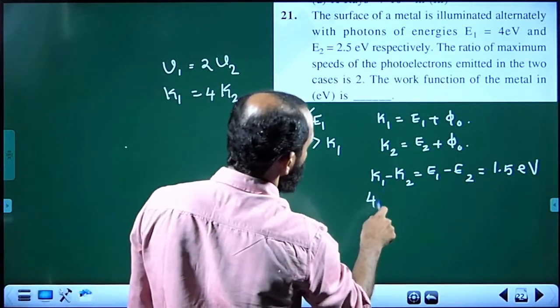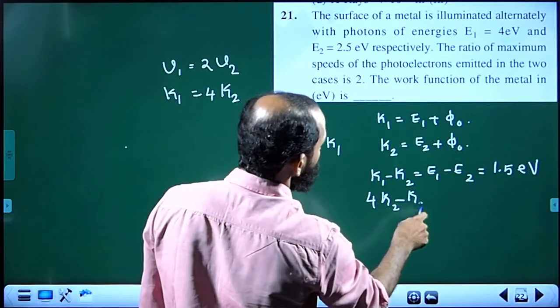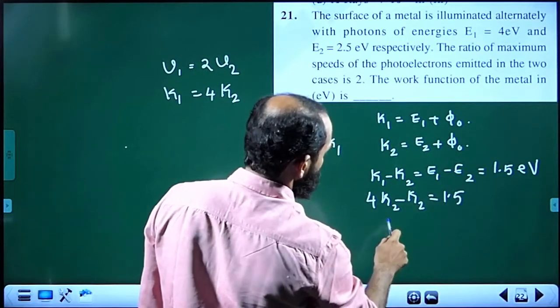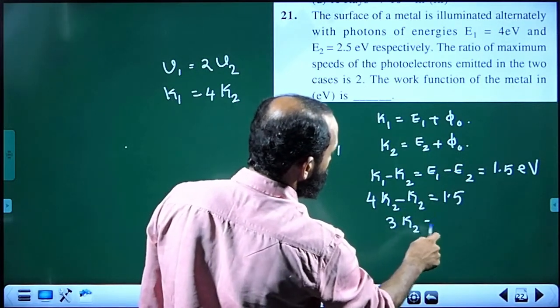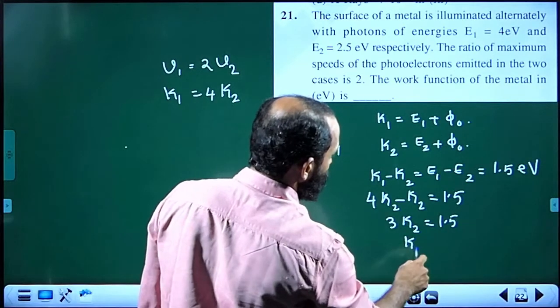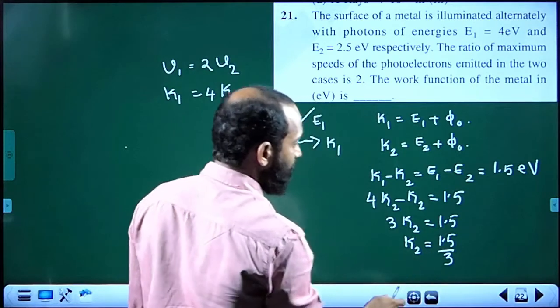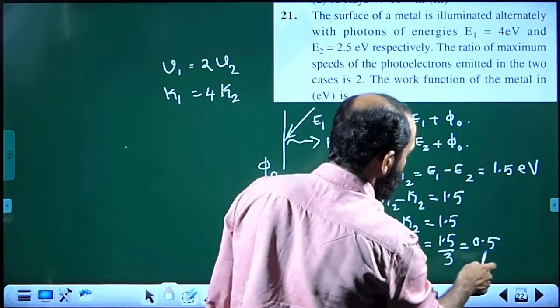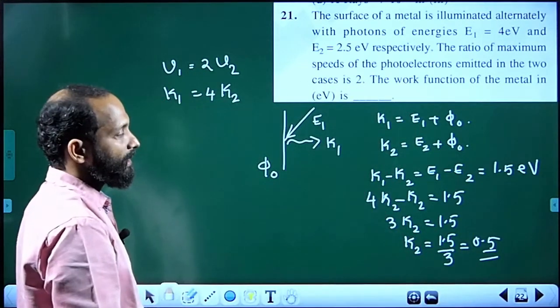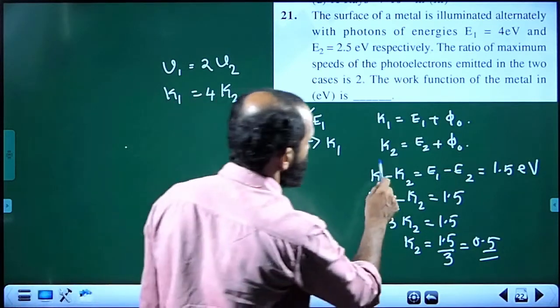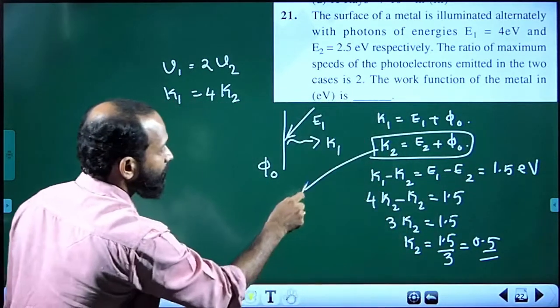So, 4 K2 minus K2 equal to 1.5, that is 3 K2 equal to 1.5. Now, you got K2 as 1.5 divided by 3, that is 0.5. So, the maximum kinetic energy in the second case is 0.5. Here you can find out the work function.